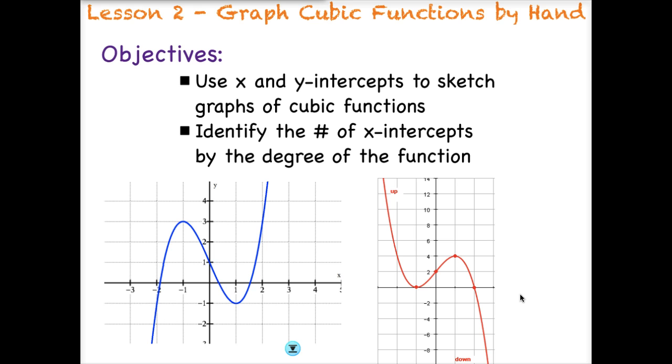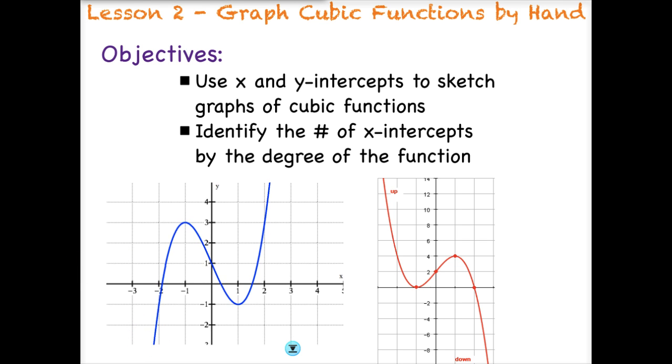The other thing I want you to notice is the direction, or I guess you could call it the slope of these cubic functions. Remember that if we took the ends, so we've got an end down here and an end up here, and we pulled those taut, this cubic function would look like a linear function going in the positive direction.